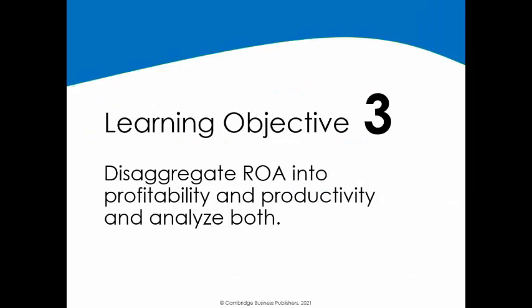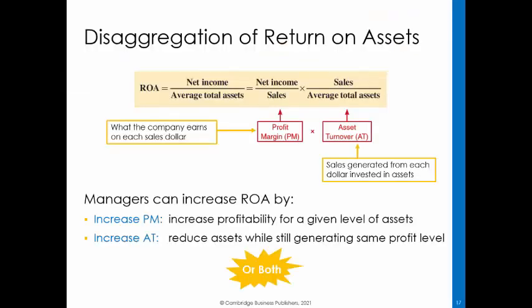In this learning objective, we will disaggregate return on assets into profitability and productivity and analyze both. Managers can increase ROA by increasing profitability for a given level of asset investment or by reducing assets invested to generate a given level of profitability, or both.